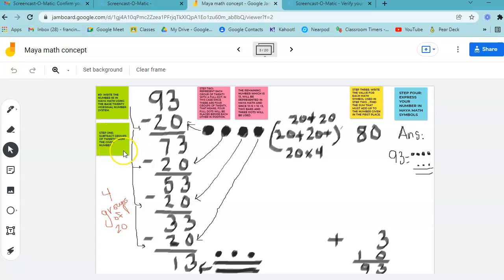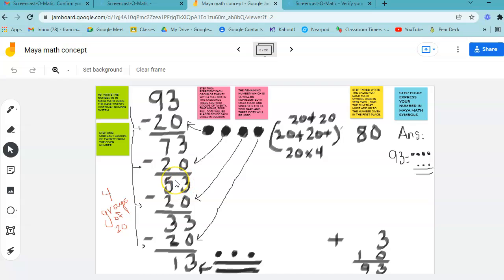We want to subtract groups of 20 from the given number, since the Maya Math Vigesimal number system uses a base 20. So 93 minus 20 will leave us with 73.